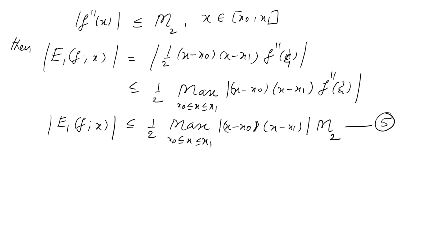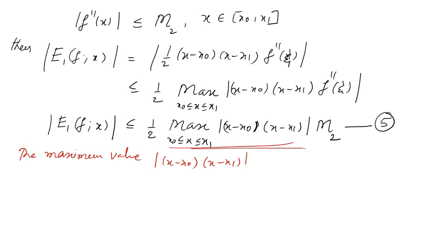Now to simplify this to get it in terms of h, we have to find the maximum value of this expression. The maximum value of modulus of (x minus x0)(x minus x1) occurs at x equal to the midpoint, (x0 plus x1) by 2.